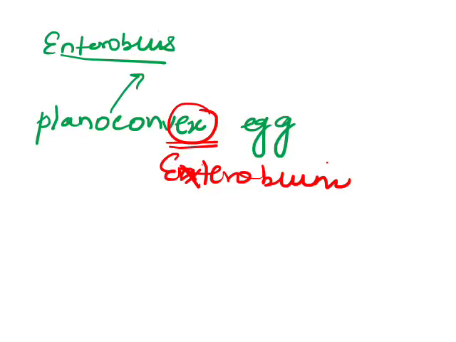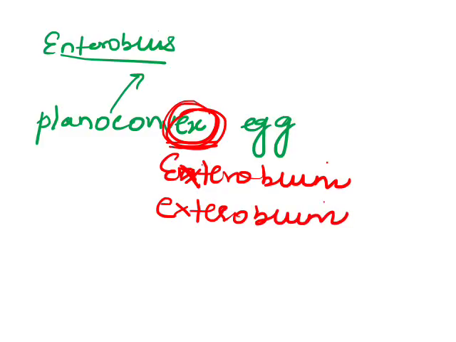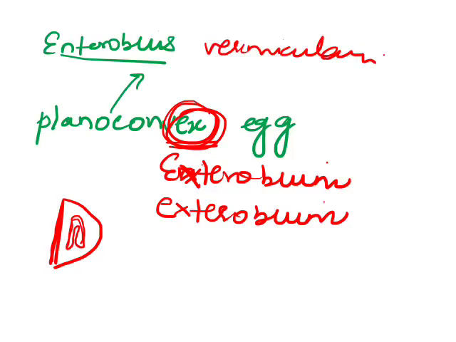The spelling plano-convex should remind you EX is Exterobius. The egg of Enterobius is plano, that is it has a flat surface and a convex surface, and inside that you will see a tadpole larva. Enterobius vermicularis will have a worm, that is a tadpole larva within the egg. That is how it would be plano-convex.